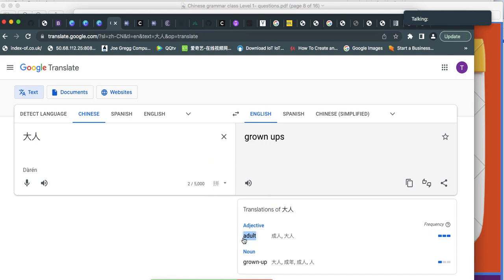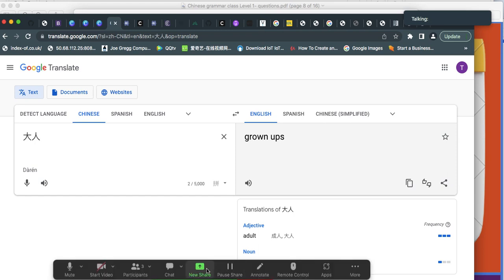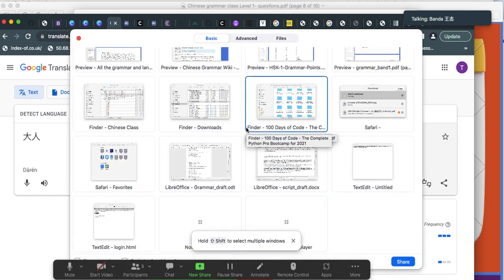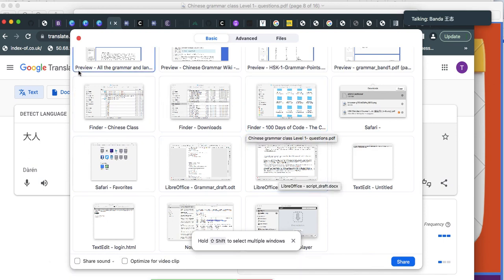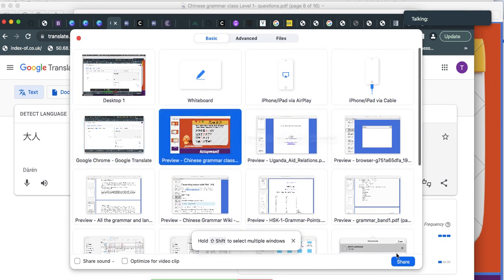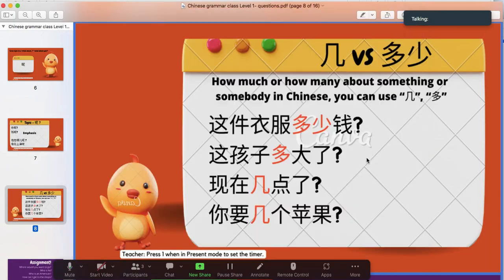So it's not coming out as big person, but it's coming out as an adult. So 多大, like how big or how old. So how old is the child? That one would do, right? And while we're still there, yeah, this is getting tricky for me because I wanted to touch on them after we do them, but I think at this point it'll actually make much sense to touch on them as we go, right? So let's come back to the first one, right?